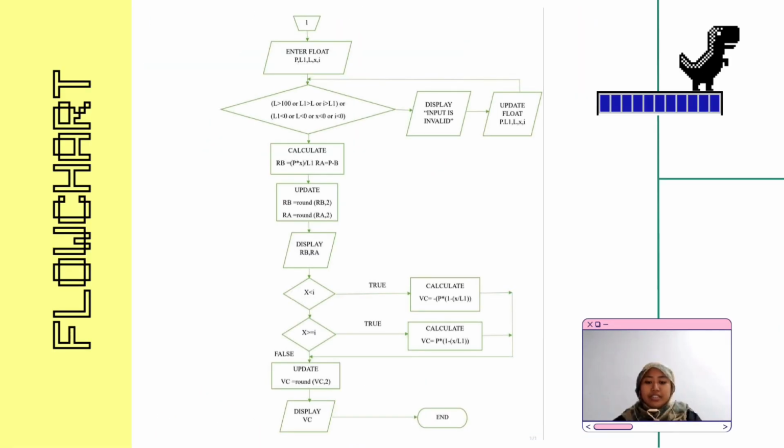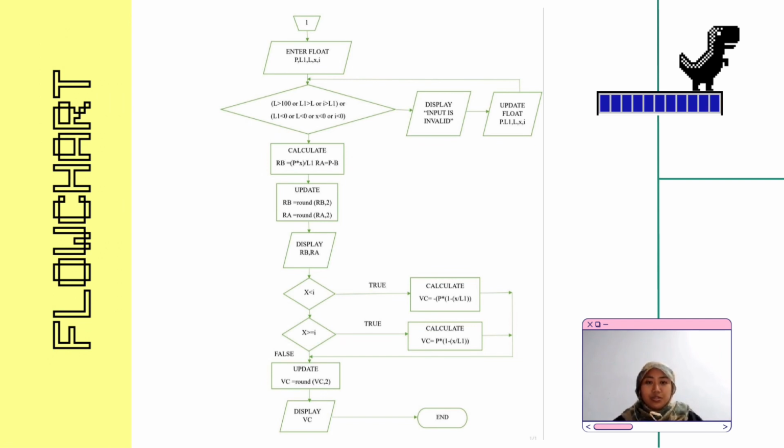We enter the float, and then we make the decision whether it is true. We display input is invalid, update float, and then we calculate the RB and update the RB and RA, and it will display the RB and RA.